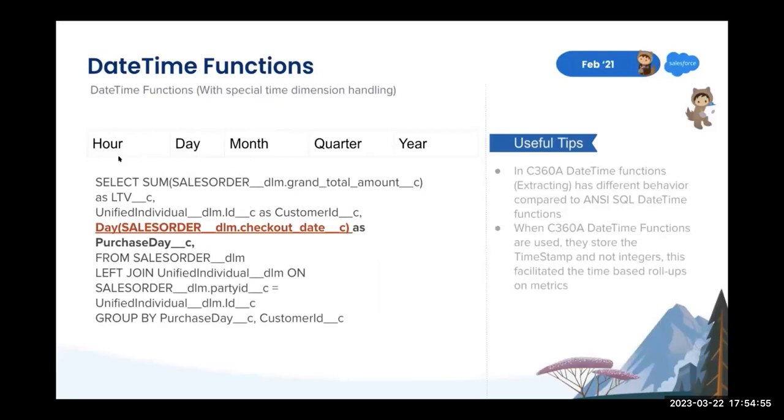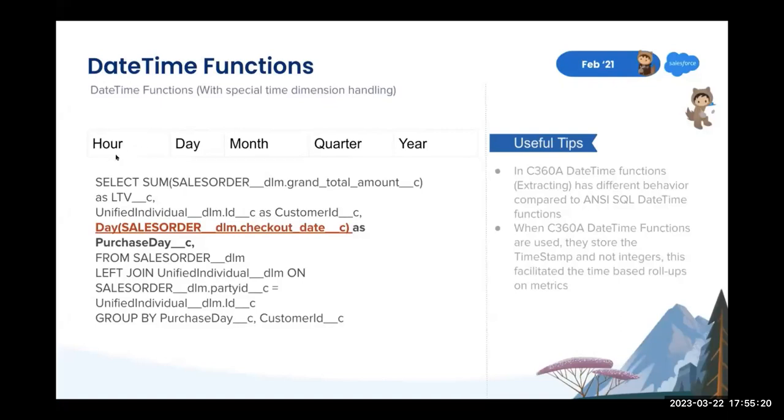In that case, if we think about hour as an ANSI SQL function, it's just going to return an integer, right? So if it is, let's say, 9 a.m., it will return 9. And that may not be useful if you are rolling up data in terms of a higher level time dimension. So some of this behavior is a little different in the sense that these would actually return a timestamp, right?